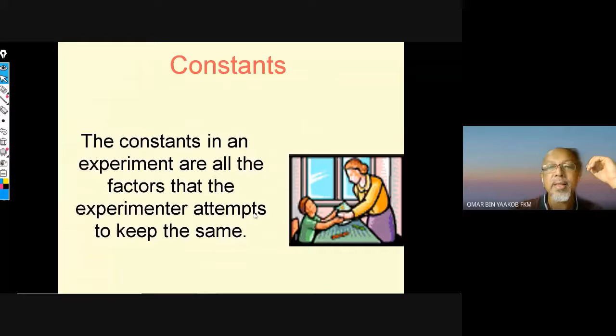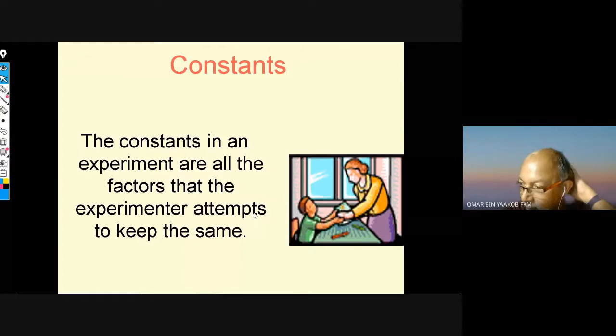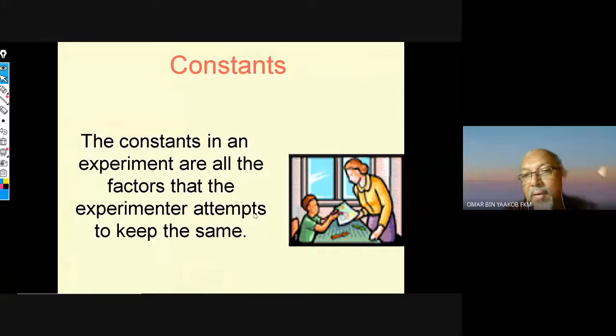Okay. Then we have the constants. When we do an experiment, we must make sure that we keep things constant when we change something. I always give this example very simple because most of you can relate to it. If I give another example, it is a diesel engine.